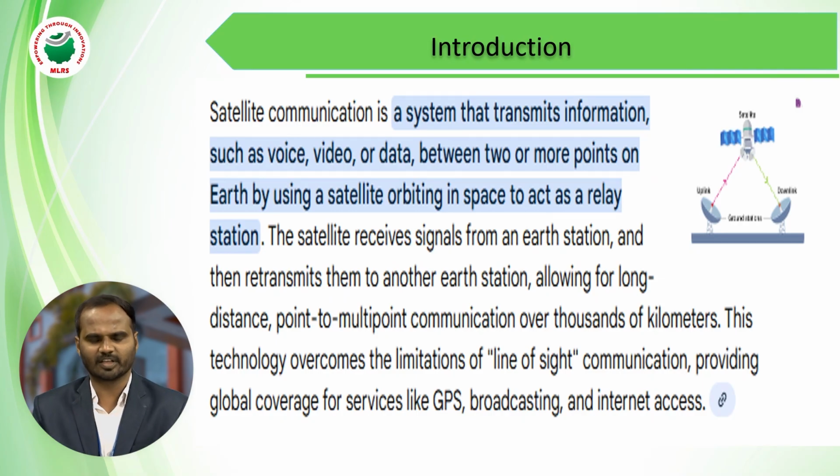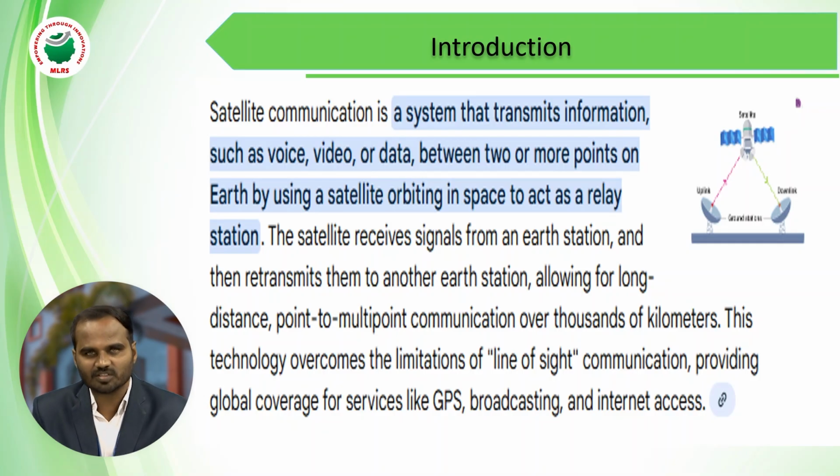This is a basic introduction to satellite communications. Satellite communications is a system that transmits information such as voice, video, or data between two or more points on Earth by using a satellite orbiting in space to act as a relay station.